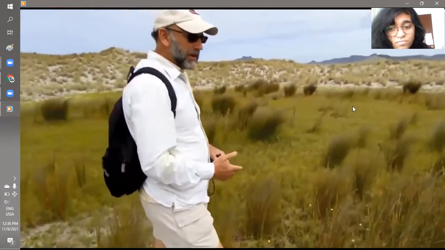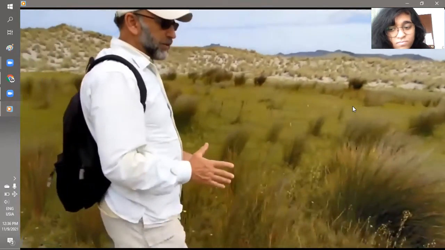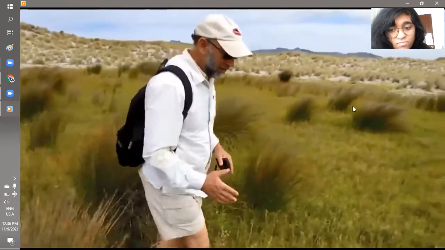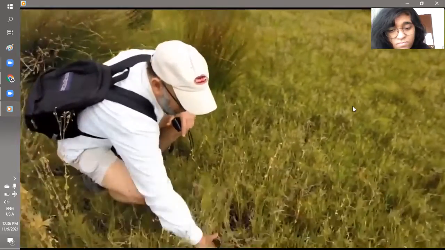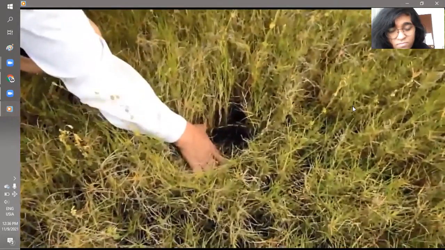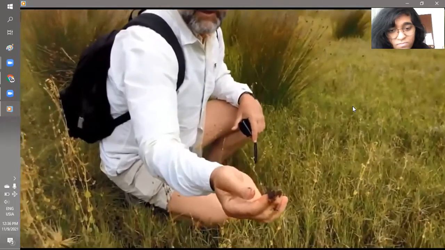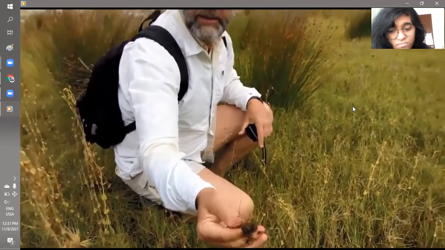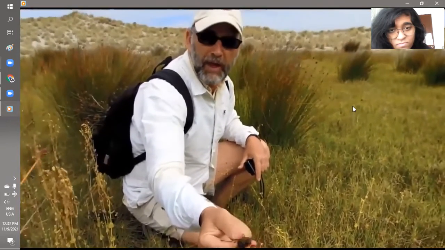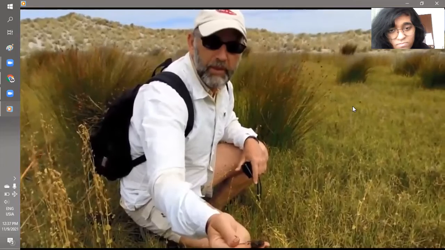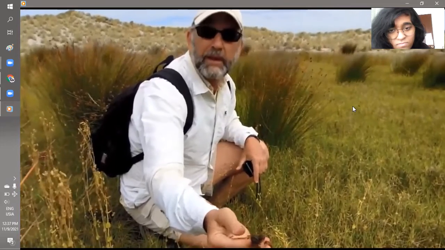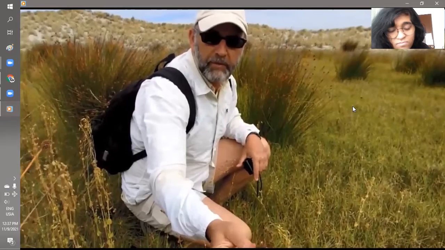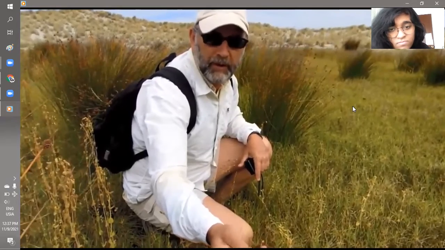The water table is closer to the soil, and this is where we pick up the plants that are adapted to more flooded conditions. And now if we look at the soil, what you see, the soil is black. So as you see, the soil here is very moist. It not only contains sand, but it has a lot of organic matter as well from the plant production of leaves and roots that accumulate over time after they die.